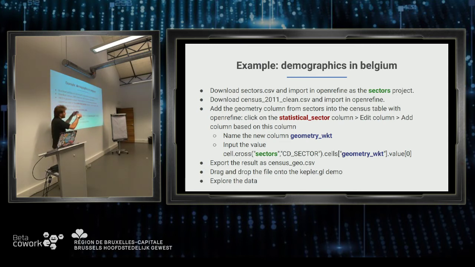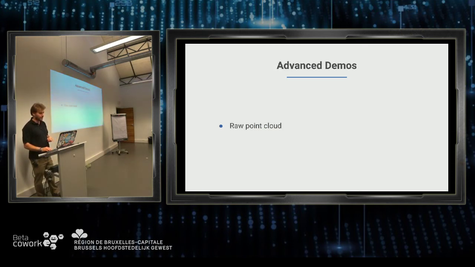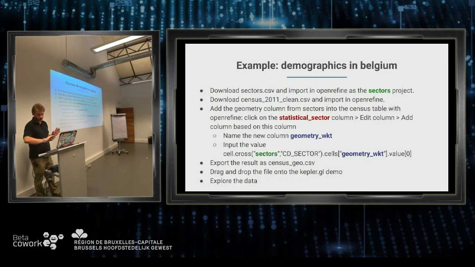And it's going to basically add a new column which has this text with it. Export the result as a new CSV, and drag and drop it into the Kepler Gl website and explore the data. So that's it for the slides.